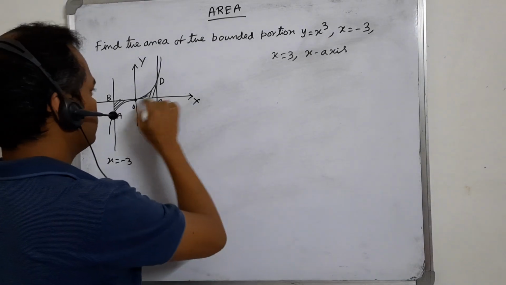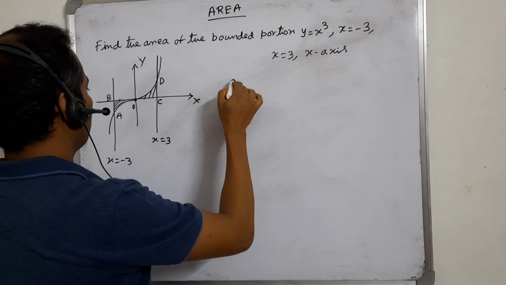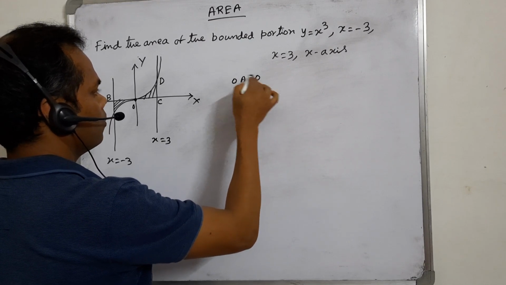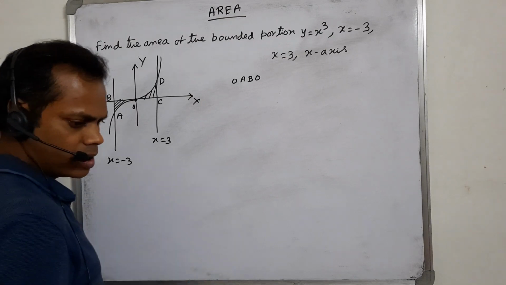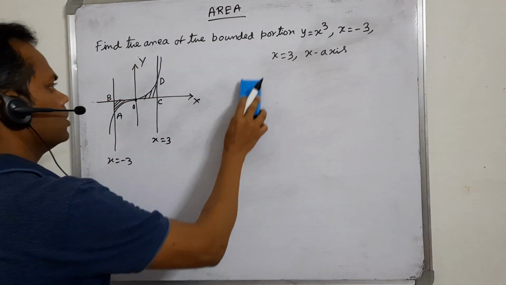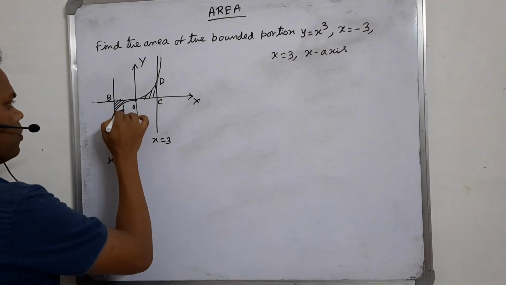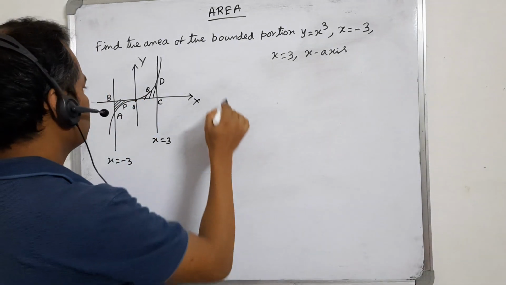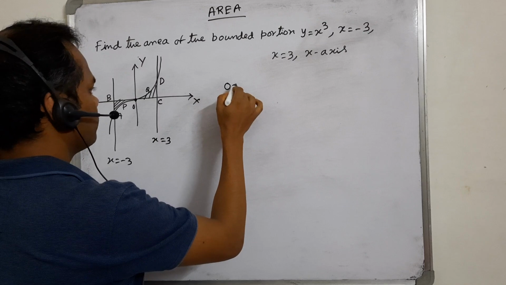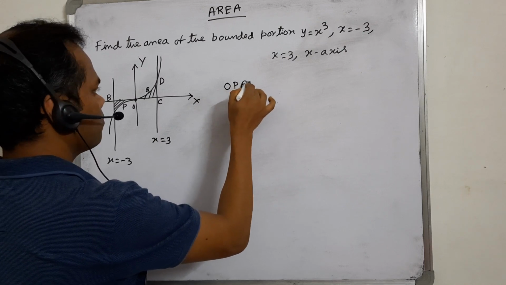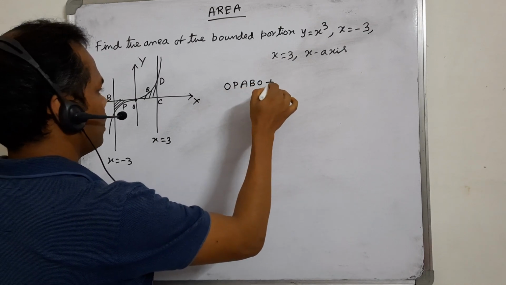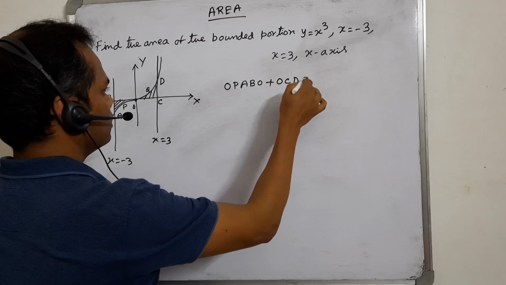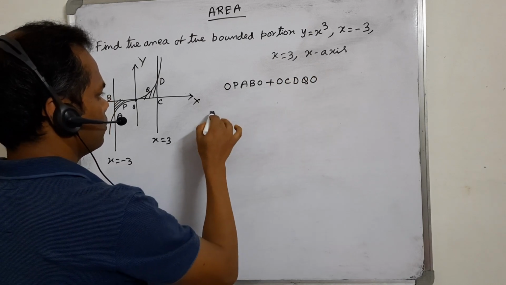So the area of the total region is O, A, B, O, or we can give another name here. This is a curve portion P, and in this curve portion is Q. So this can be O, P, A, B, O plus O, C, D, Q, O.